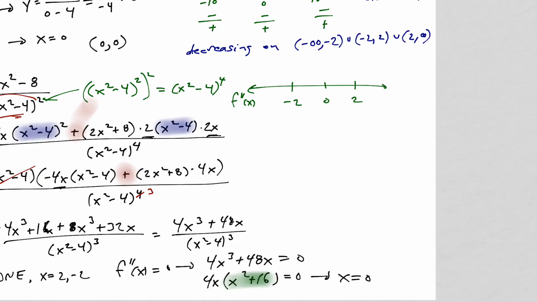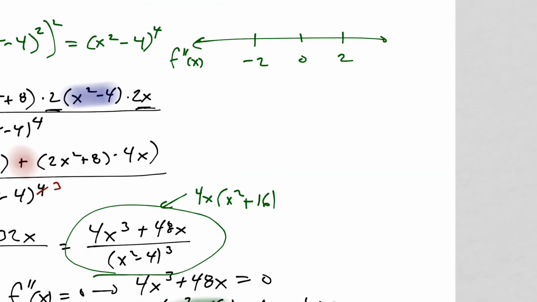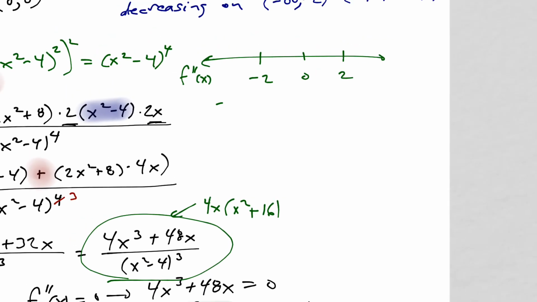And looking at our formula for the second derivative, the simplified formula here, and actually if we make the numerator 4x times x squared plus 16, it becomes even easier to see that for a value like negative 10, the top is going to be negative, and the denominator, because the x squared becomes the larger piece, the denominator is going to be positive. So we see a negative value overall. The function is going to be concave down.